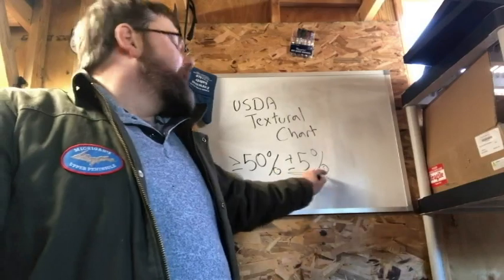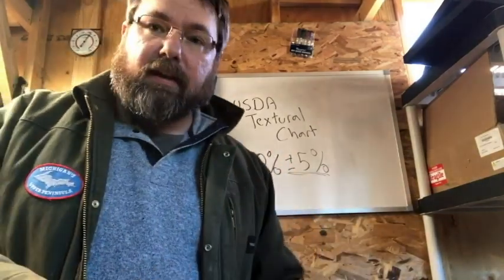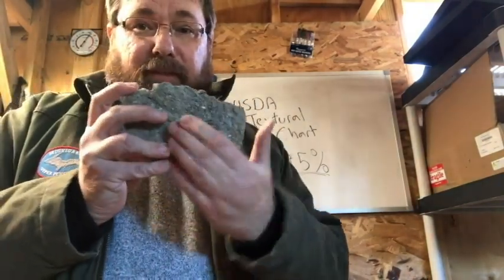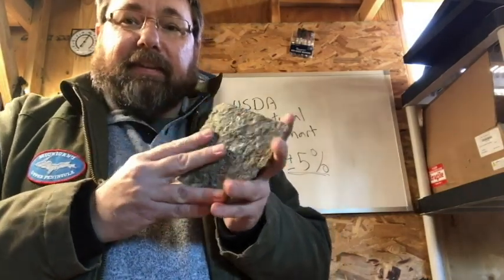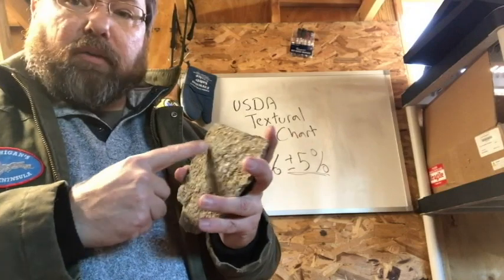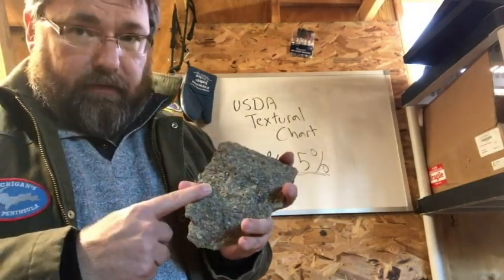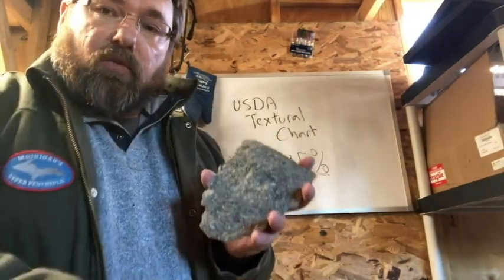Why this? Well, because like I showed you there with this rock, this is really close to 50% phenocrysts, 50% groundmass. It's a call, right? There are some places in here where the rock is 55 to 60% groundmass. There's some places where it's 45. But overall, it's dominantly groundmass.